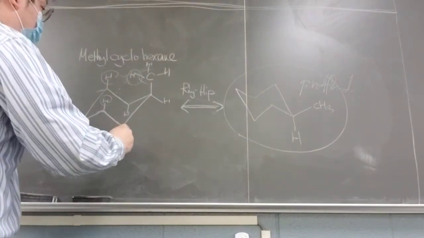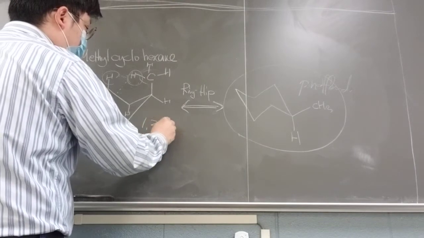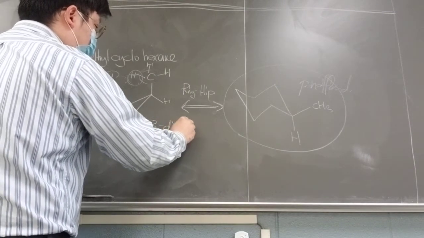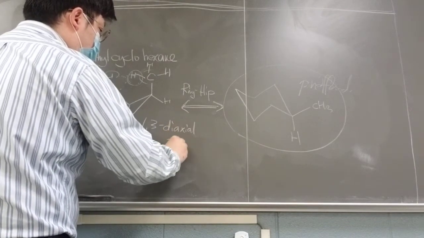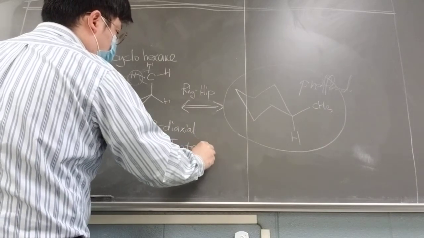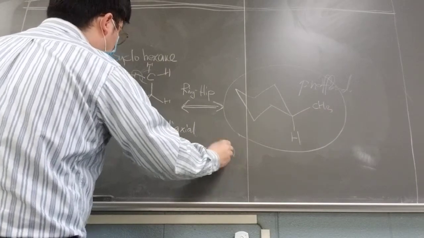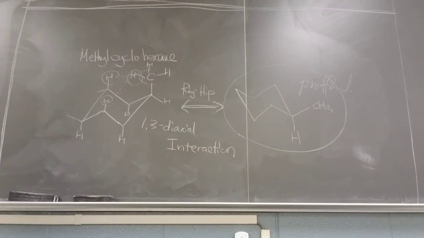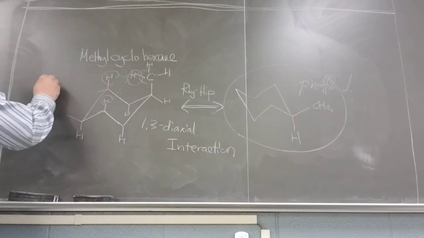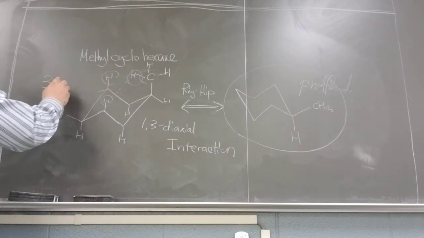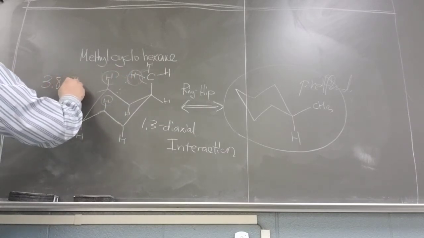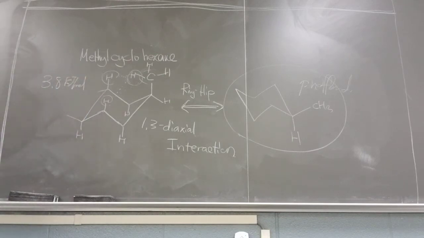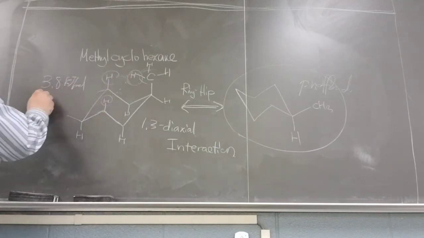So we call this 1,3 diaxial interaction. Each would take about 3.8 kilojoules per mole of discomfort, but there are two.